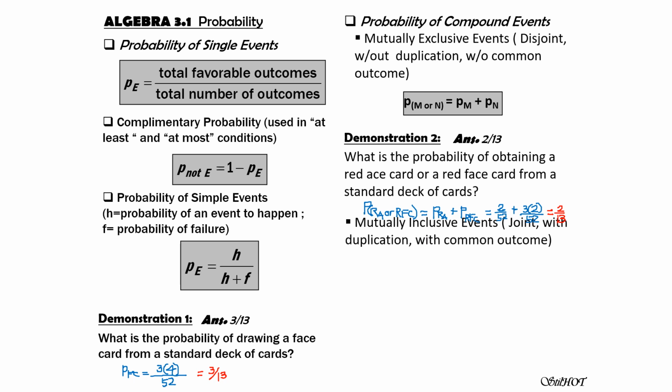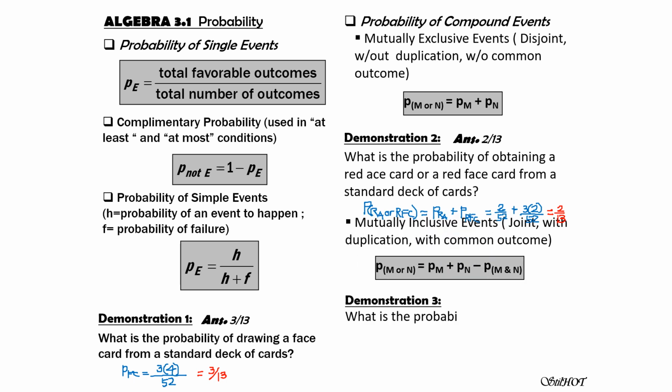And the formula is the same: the probability of occurrence of event M or N, but this time there is duplication, is the probability of event M plus the probability that event N will occur, minus the probability that event M is also event N. There is duplication. So let's have this demonstration.